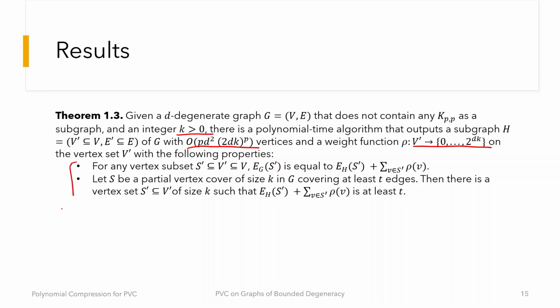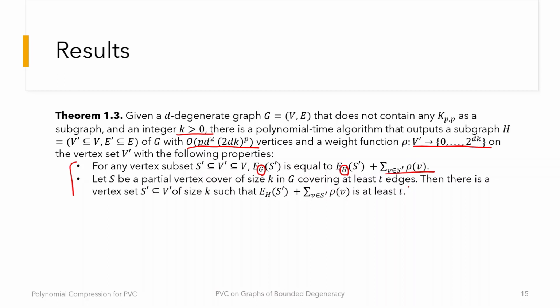So the first property says for any subset of H vertices like S prime, the number of edges S prime covers in G is equal to the number of edges S prime covers in H plus the weight of vertices of S prime.